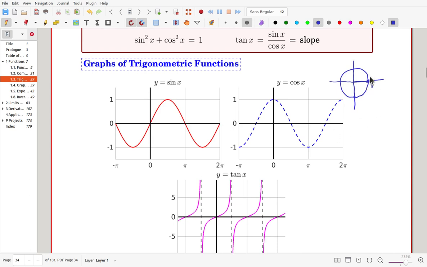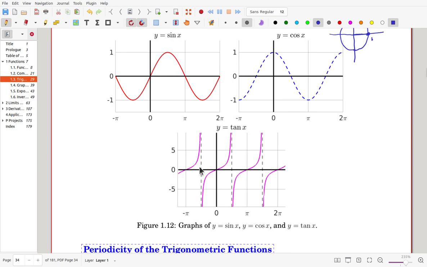You can see easily here, sine is the vertical component. It is positive, goes down to negative, becoming 0, and again positive, negative, becoming 0. And after 2 pi, the value becomes the same. So the period of sine is 2 pi. Of course, the period of cosine is the same, 2 pi. And from this picture also, we know that the period of tangent is pi.